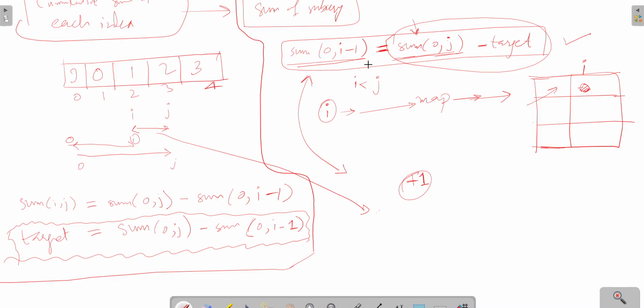If it does exist, then we get the index, but at the same time we know this is I minus 1, but we were looking for I. That's why we increment this by 1. And once we find this, we just return it. There might be other pairs that satisfy this condition, but we don't need to keep looking for those.